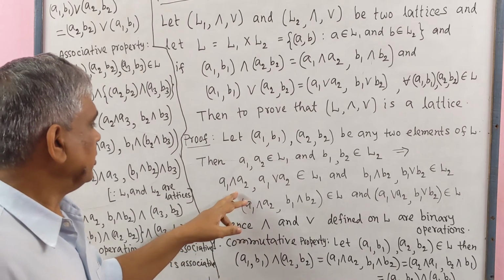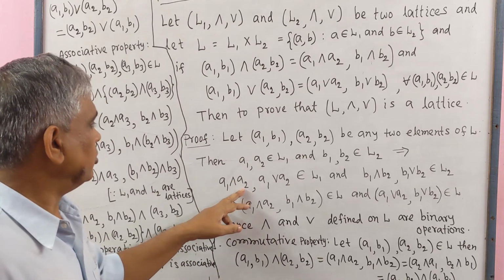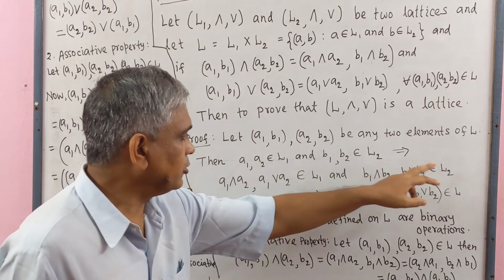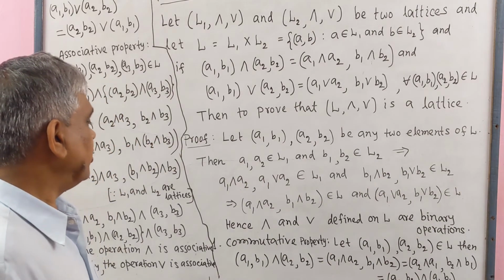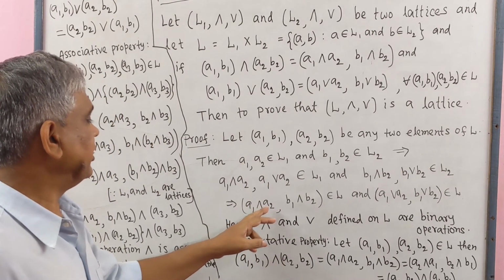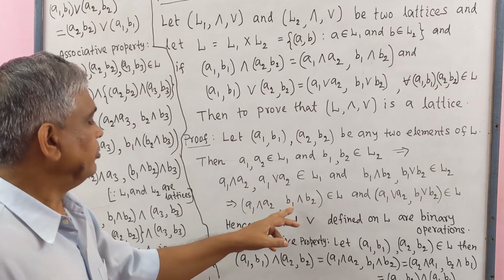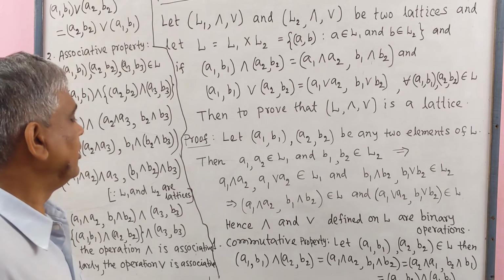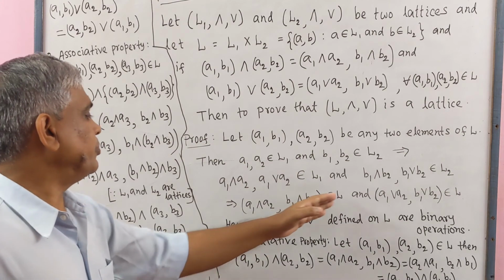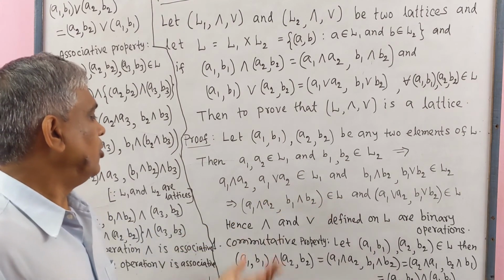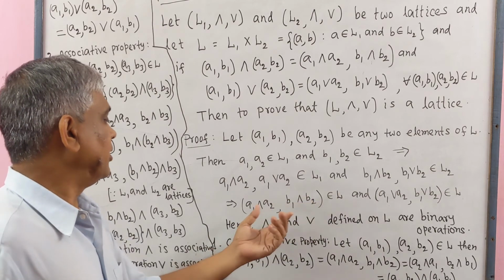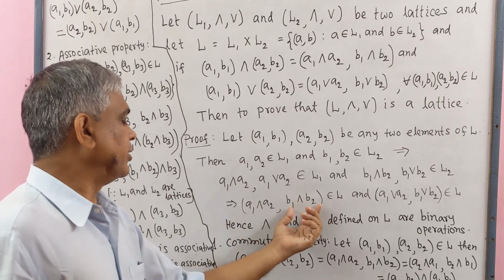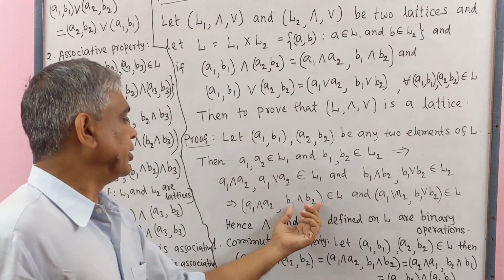If A1 meet A2 belongs to L1 and B1 meet B2 belongs to L2, then the ordered pair (A1 meet A2, B1 meet B2) belongs to L, because the first component of each ordered pair of L is an element of L1 and the second component is an element of L2.